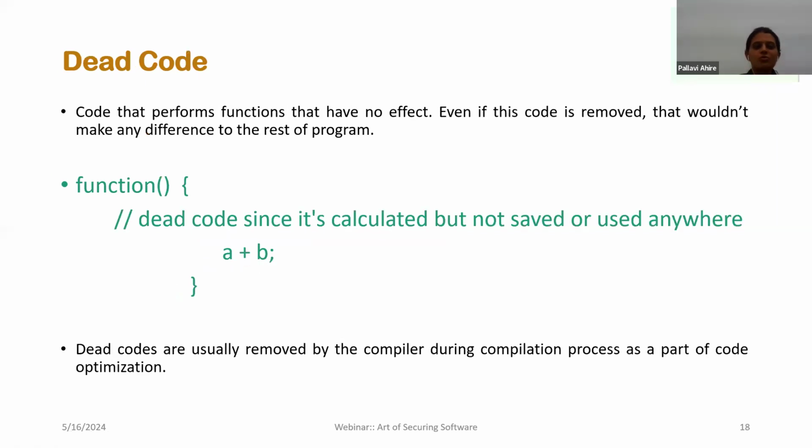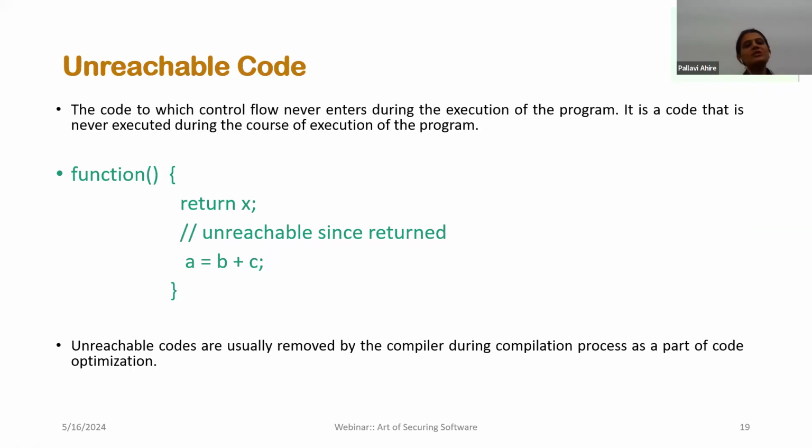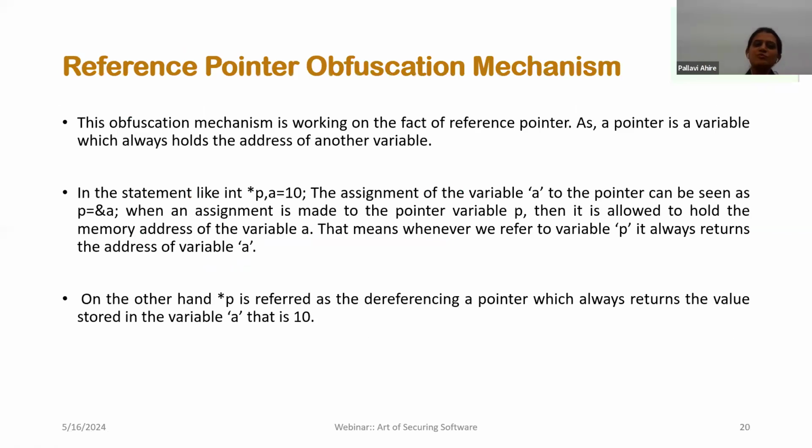So unreachable code and dead code are two mechanisms in which you can add a lot of dead code inside your code, so as to move the attention of your attacker from one piece to another. It may get confused by such dead code or unreachable code which is added inside. But since we developers are smart, the attackers are even smarter than us.